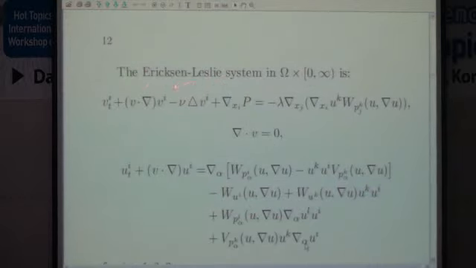In fact, this Ericksen-Leslie system you write down exactly like this. So you look at here. This last part is like a liquid crystal flow, like a gradient flow for the Oseen-Frank model, except this V dot gradient U here. And you look at the first two equations.